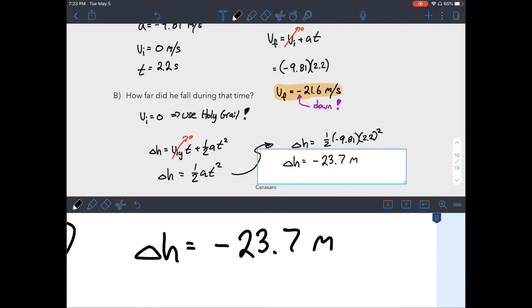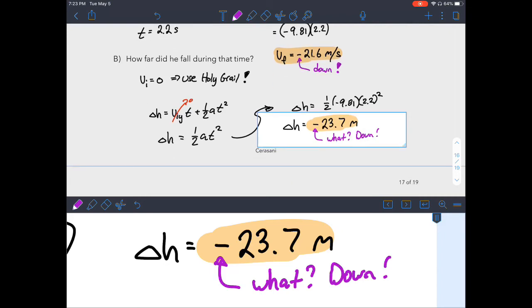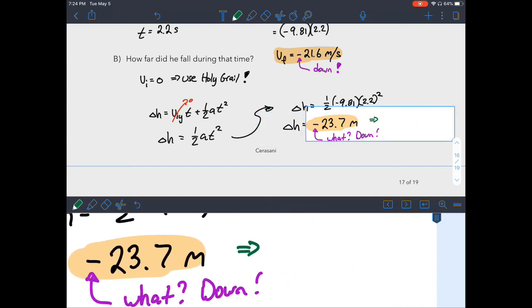23.7 meters. Now, at first that might not make too much sense to you because you're like, oh, how can a height be negative? But remember that negative means down, okay? Your change in height is down. And what we can also do is look at this in terms of a change of height being our final height minus our initial height.